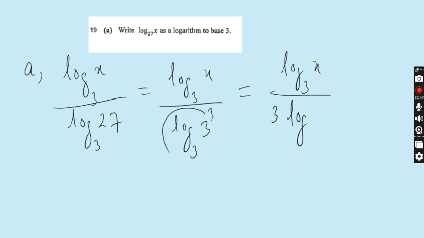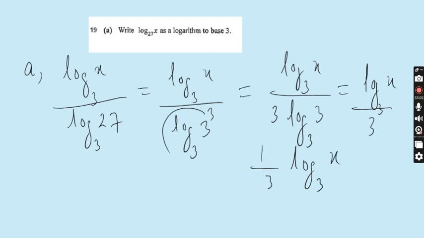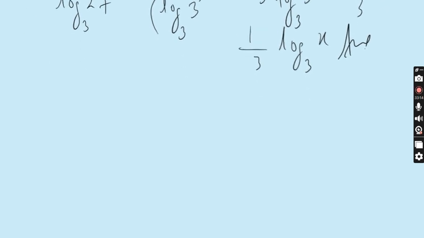Log base 3 of x upon 3 times log base 3 of 3, which is 1, so 3 ones are 3, or you may write 1 upon 3 log base 3 of x. So the requirement has been fulfilled. Log base 27 of x as a logarithm to base 3 is 1 upon 3 log base 3 of x. Move to the next part of the question.